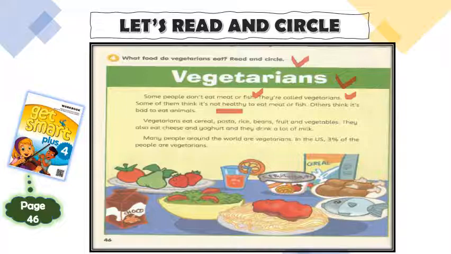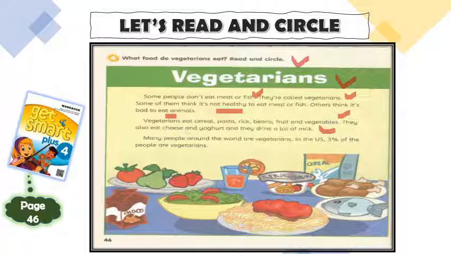Others think it's bad to eat animals. Ada setengahnya kata macam tak elok lah makan haiwan. Vegetarians eat cereal, pasta, rice, beans, fruits and vegetables. They also eat cheese and yogurt and they drink a lot of milk. Mereka minum banyak susu. Many people around the world are vegetarians. In the US, 3% of the people are vegetarians.